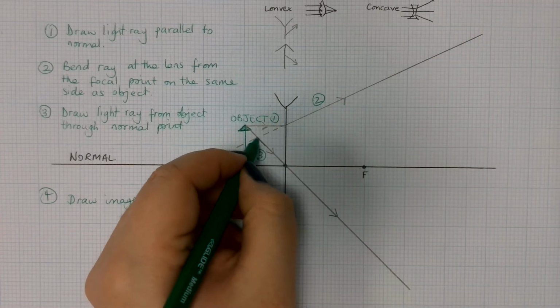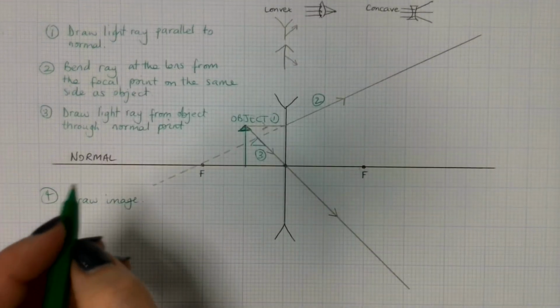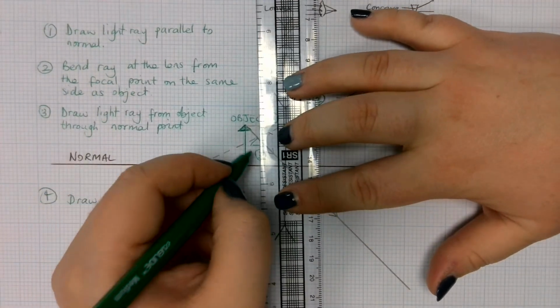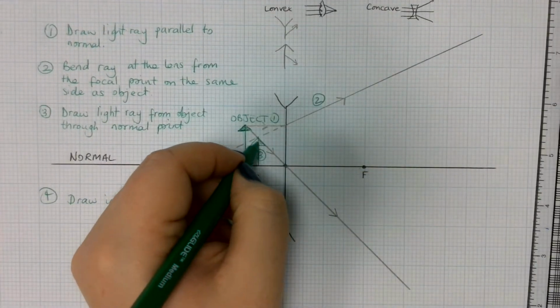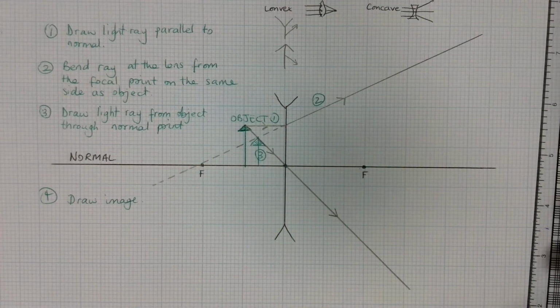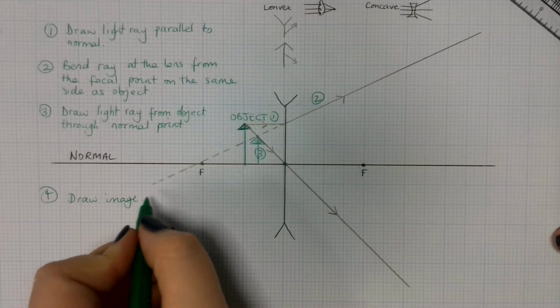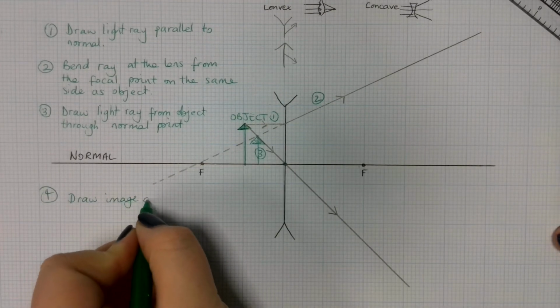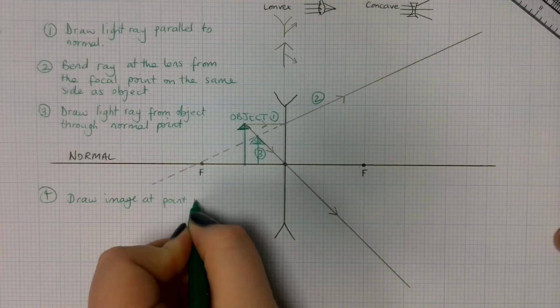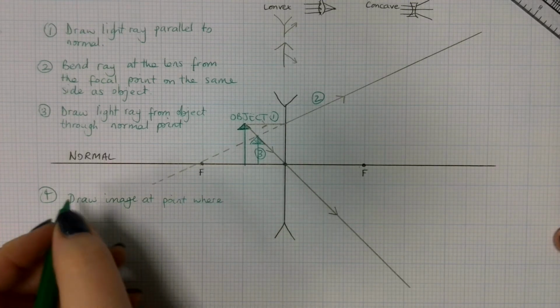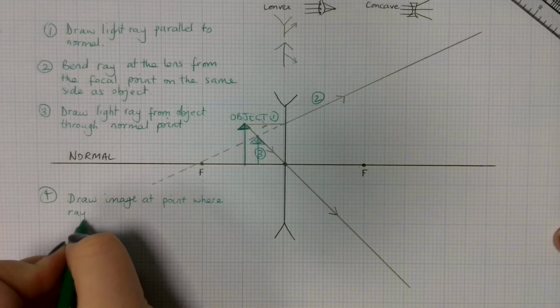So the top of our image is at the point at which the lines cross. So draw the image at the point where rays cross.